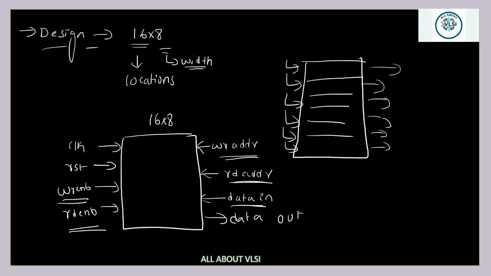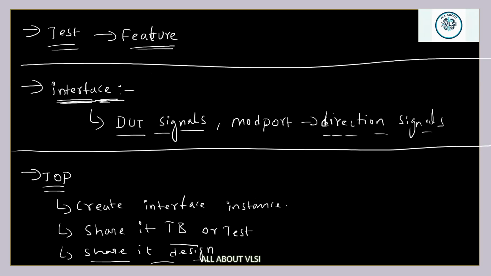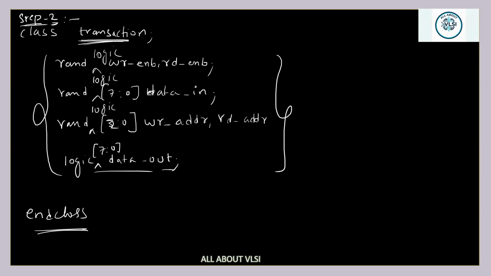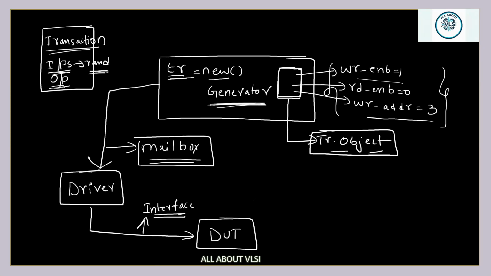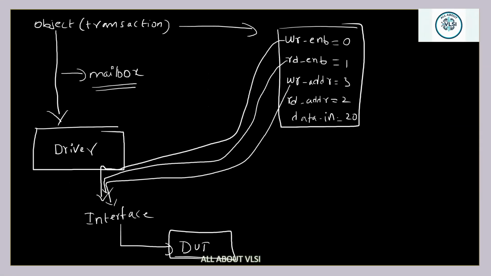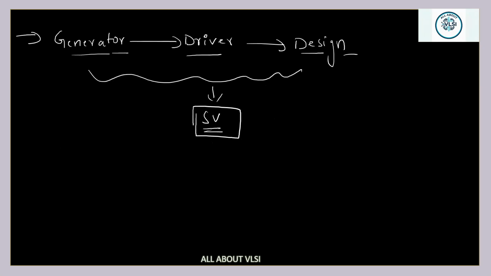So we started our discussion about this particular design, what input ports and output ports we are going to have, and what we mean by test, interface and top. We also discussed what we mean by transaction, the steps for creating your testbench architecture, and how we are going to send a transaction object to my DUT.